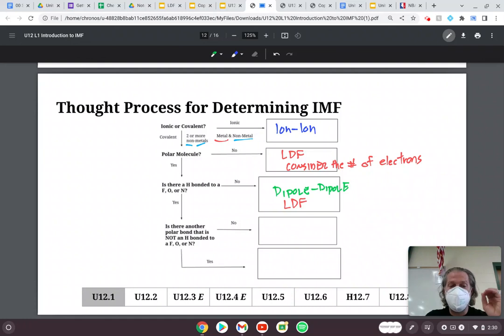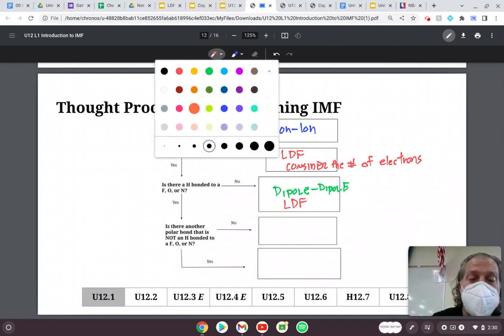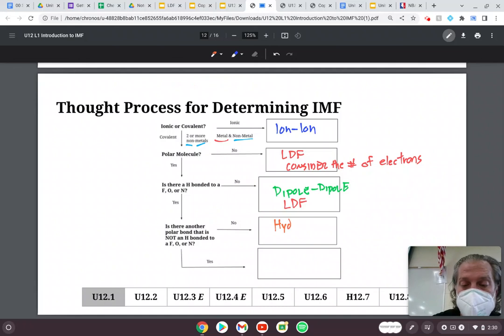If it's a covalent molecule that happens to be a polar molecule that happens to have hydrogen bonded with fluorine, oxygen, or nitrogen, that's about it, then this would be hydrogen bonding and London dispersion forces.